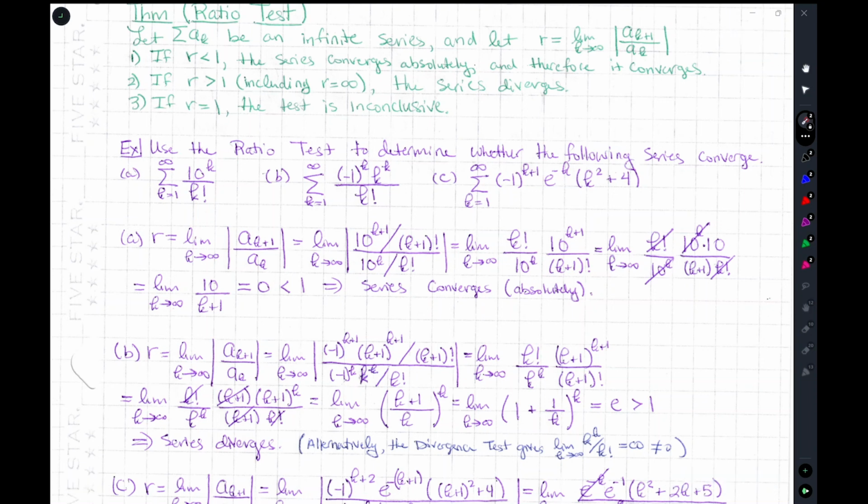And let's pause for a second and see why the ratio test was so helpful here. We could have done the integral test, but integrating a factorial is very tricky.